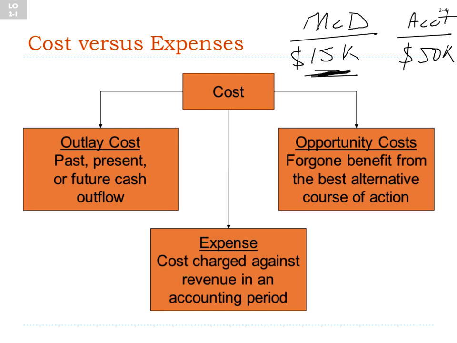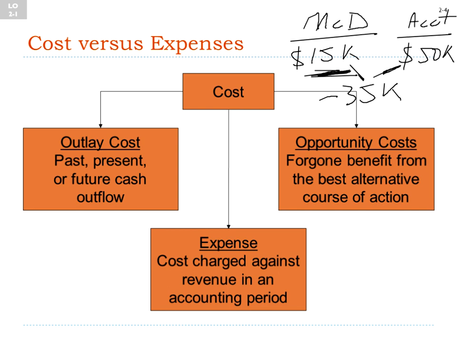For economic purposes and cost accounting purposes, you actually made negative $35,000. And why is that? The reason is you have the skills and the experience and the knowledge to make $50,000.